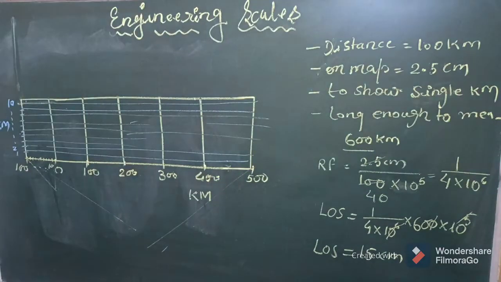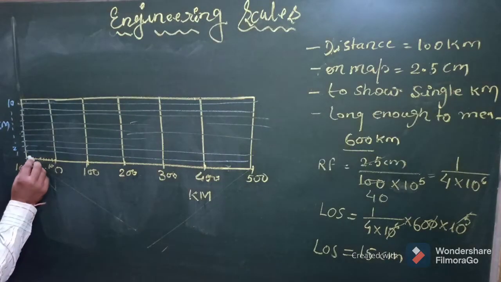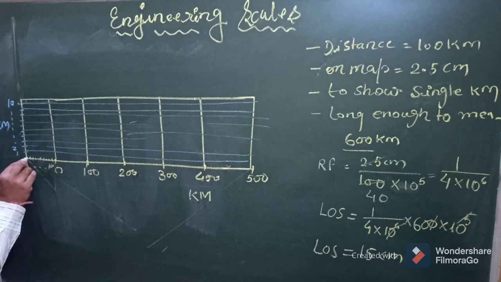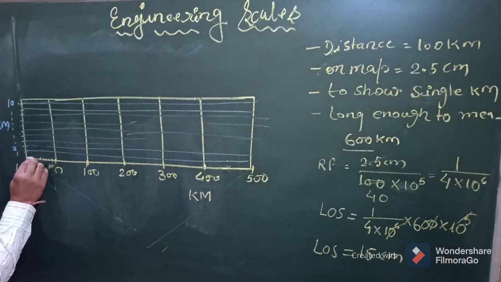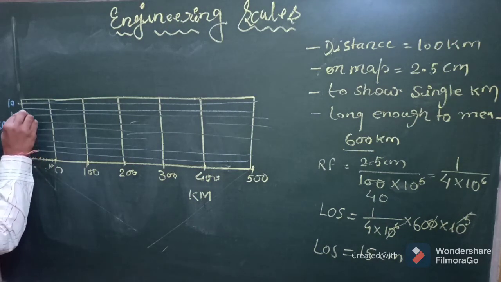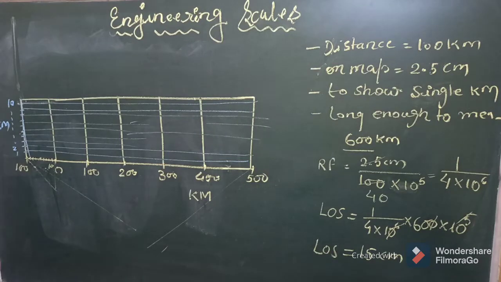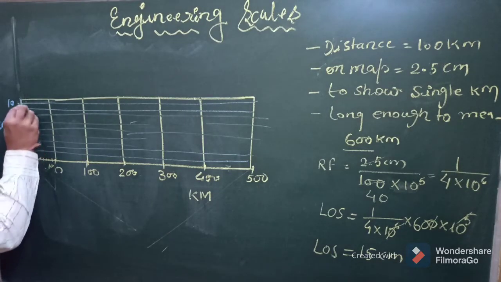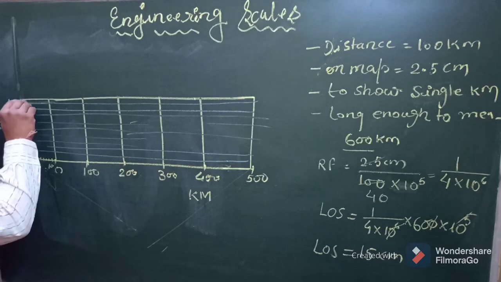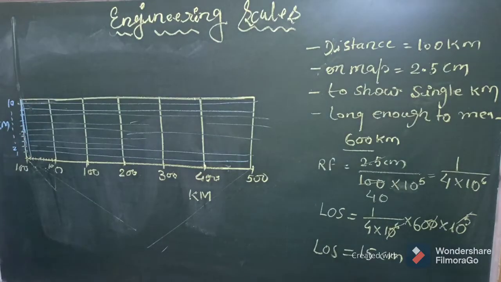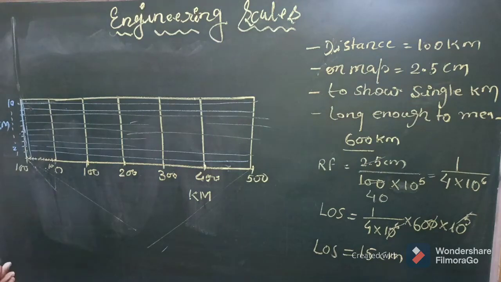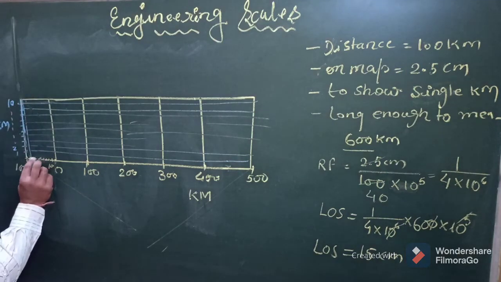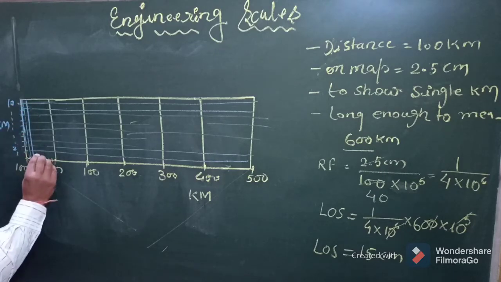Now the basic construction is here. Take this first division, from this corner to the first division, and join it with the top corner. That will be an inclined line. Then from all these divisions, draw lines parallel to this blue line using roller and draw or mini drafter, so as to get parallel lines like this.